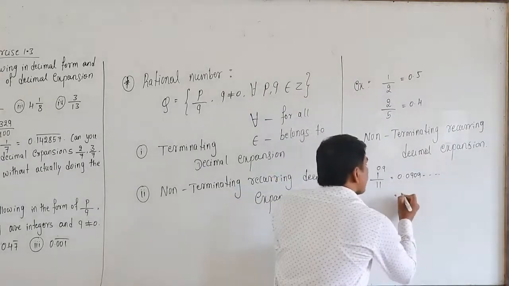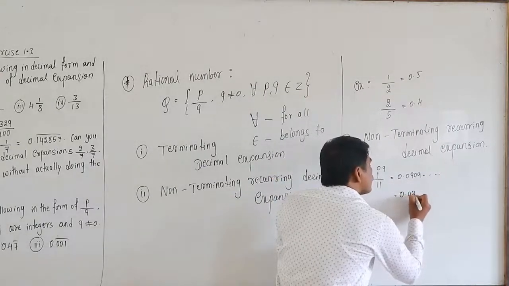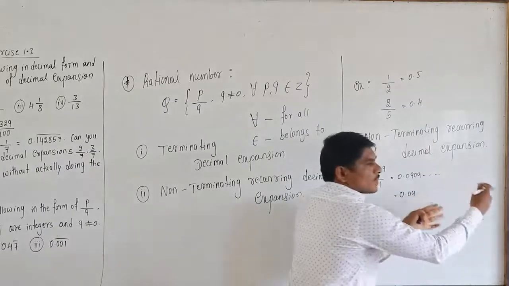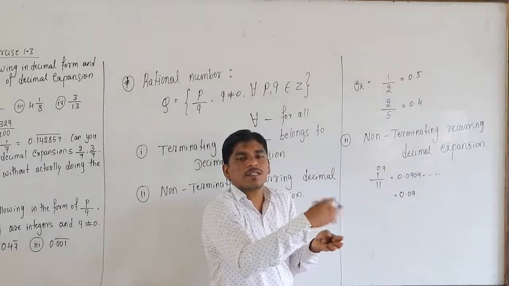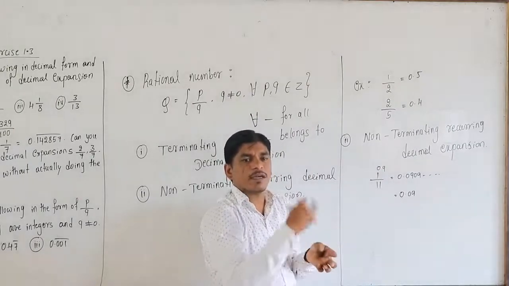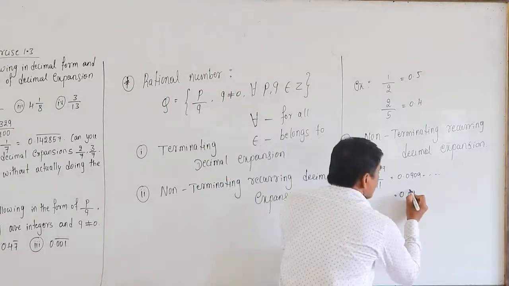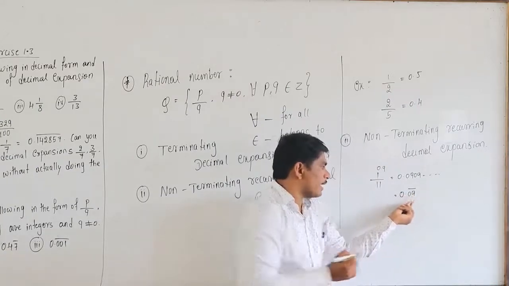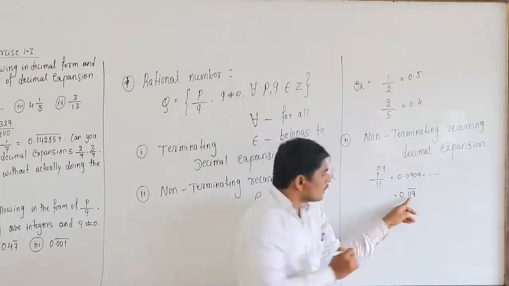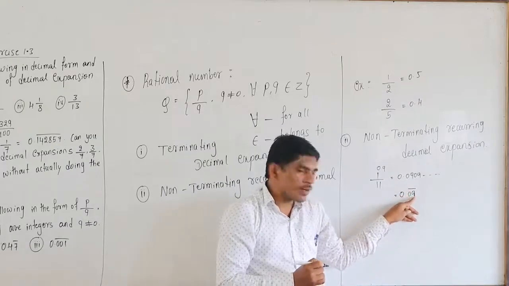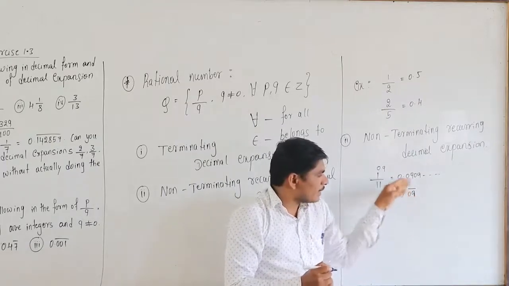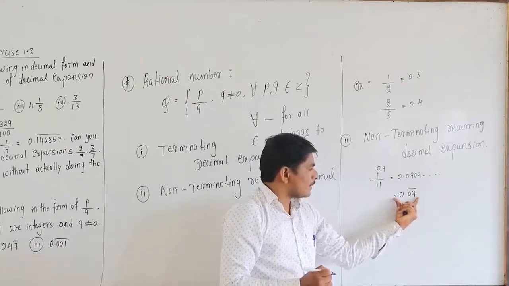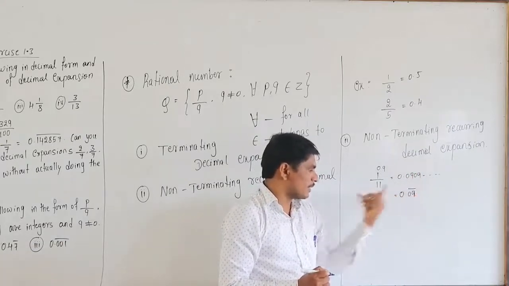That's why 0.09 and so on, where 09 is continuously repeating or recurring. So you write it in the form 0.09 with a bar. The bar is over the 0 and 9, which means 0 and 9 are continuously repeating. That's why you write it in this form.